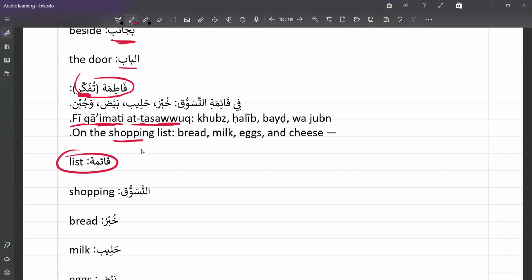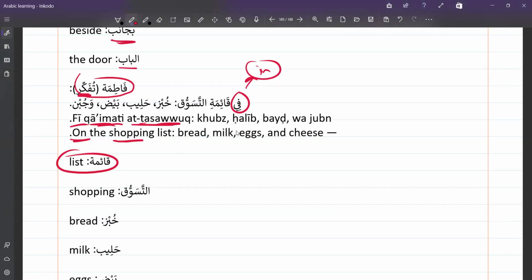So qa'imat tasabbuq means shopping list. Fi literally means in, but here fi is referring to on, because in English we would not say in the shopping list. But in Arabic, we would say fi, meaning on the shopping list.